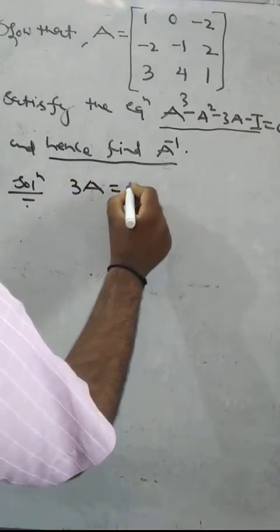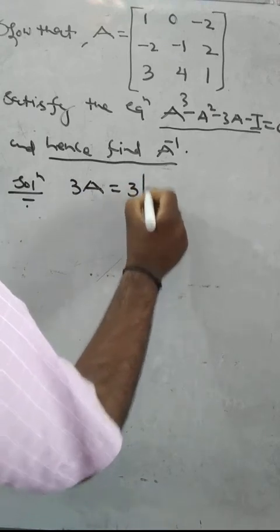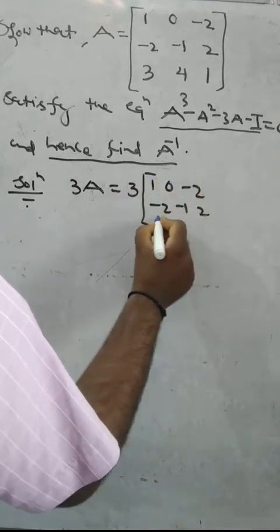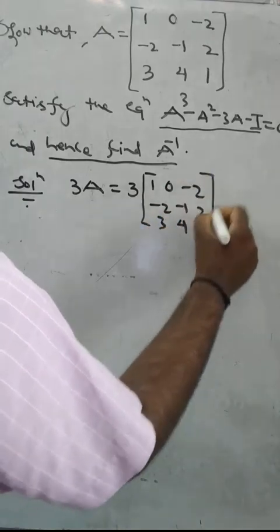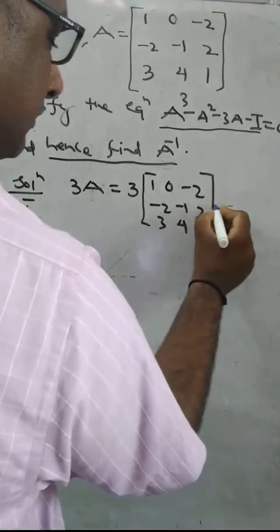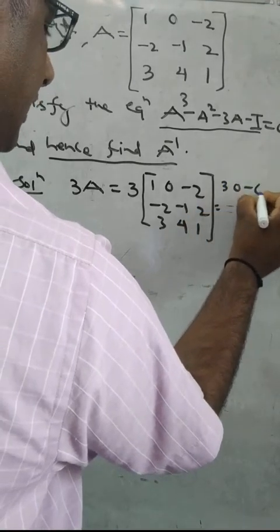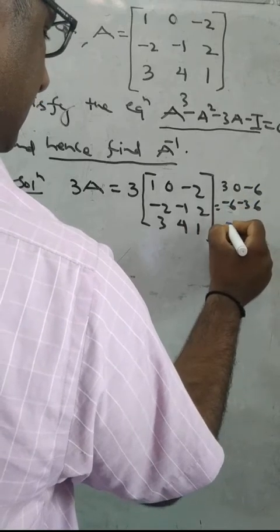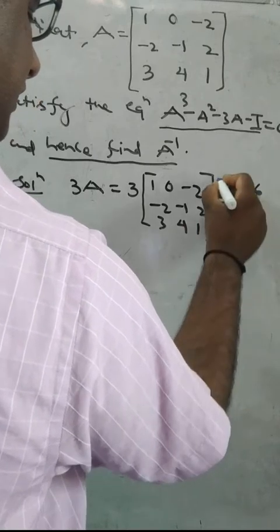This is just 3 into the matrix 1, 0, minus 2; minus 2, minus 1, 2; 3, 4, 1. This is 3, 0, minus 6; minus 6, minus 3, 6; 9, 12, 3.